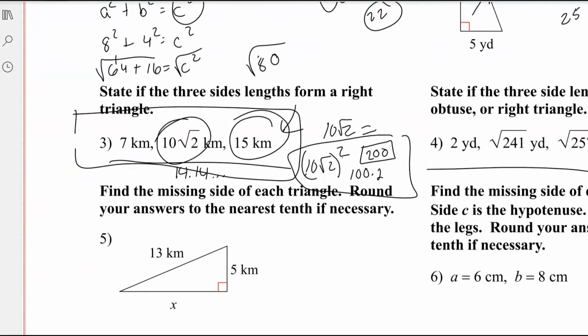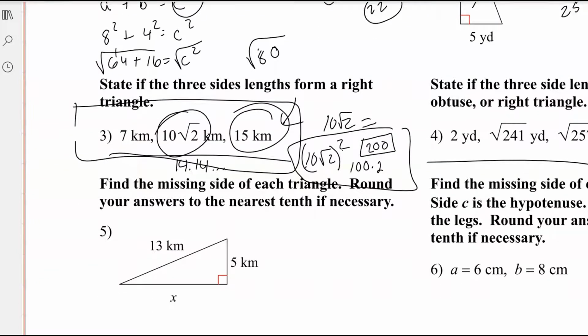Number 3 is actually state if it forms a right triangle. But what if it were to say, find the missing side, and let's say we had that. It would depend on whether it was asking you to find, they're going to give you a picture. So if they want you to find the longest side, the biggest thing again is to make sure you know how to do that.